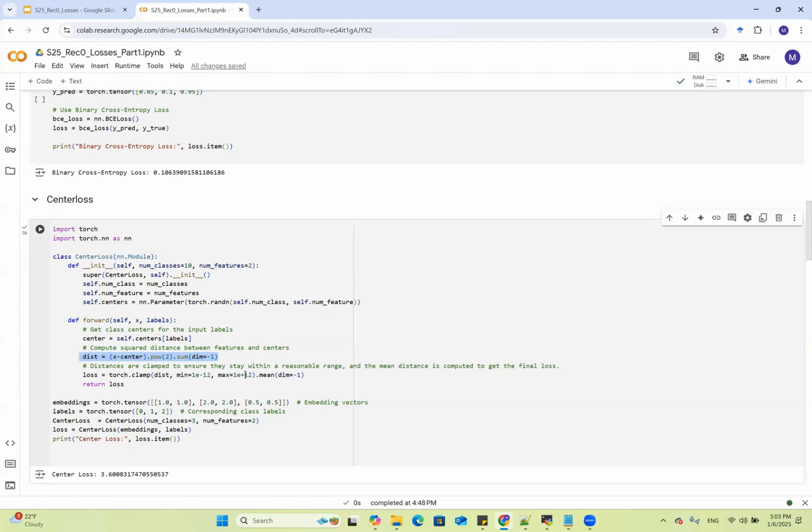Then these distances are clamped to ensure that they stay in a reasonable range, and the mean distance is computed to get the final loss. Here we initialize it, and then we compute the loss function for the embedding vectors and their corresponding labels.